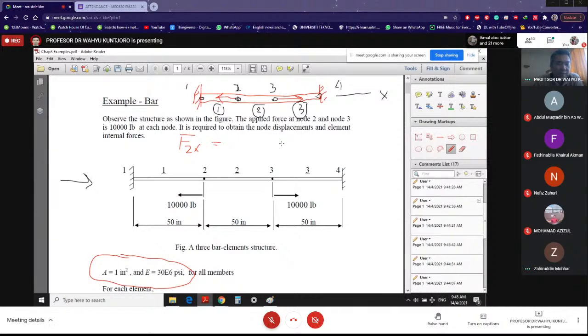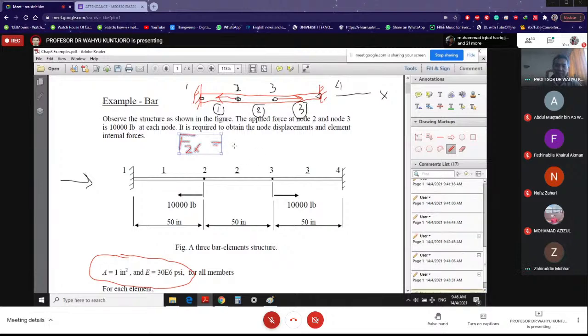Okay, ladies, gentlemen, what is the value of F2X? Negative 10,000. It is the correct answer: negative 10,000 pounds.